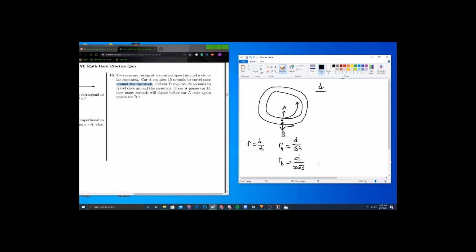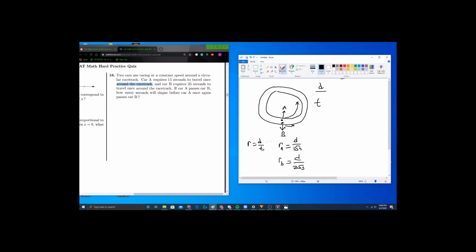Now we are asked how many seconds will elapse before car A once again passes car B. So our variable will be T, the time it takes for car A to pass car B. When we multiply a rate by a unit of time, how long a car or a person is going at that rate, we get the distance traveled.